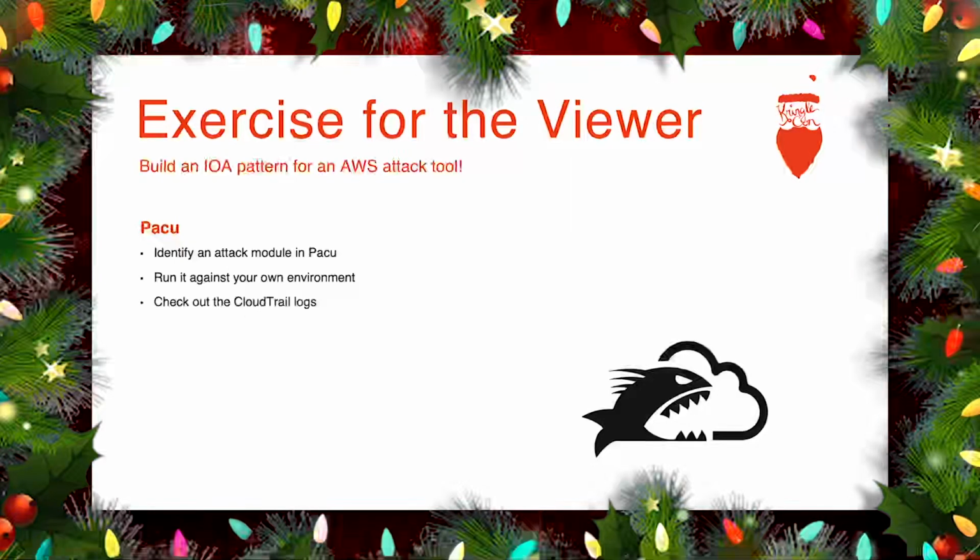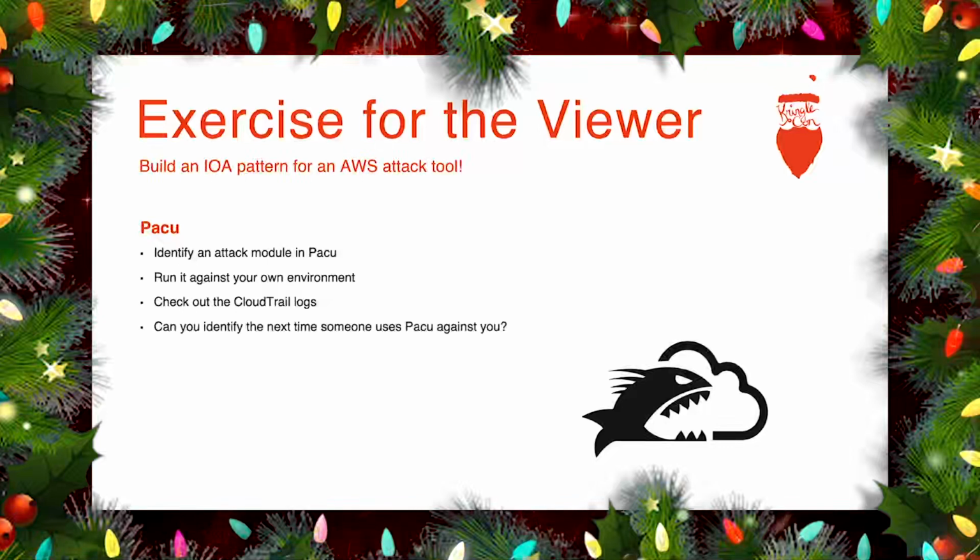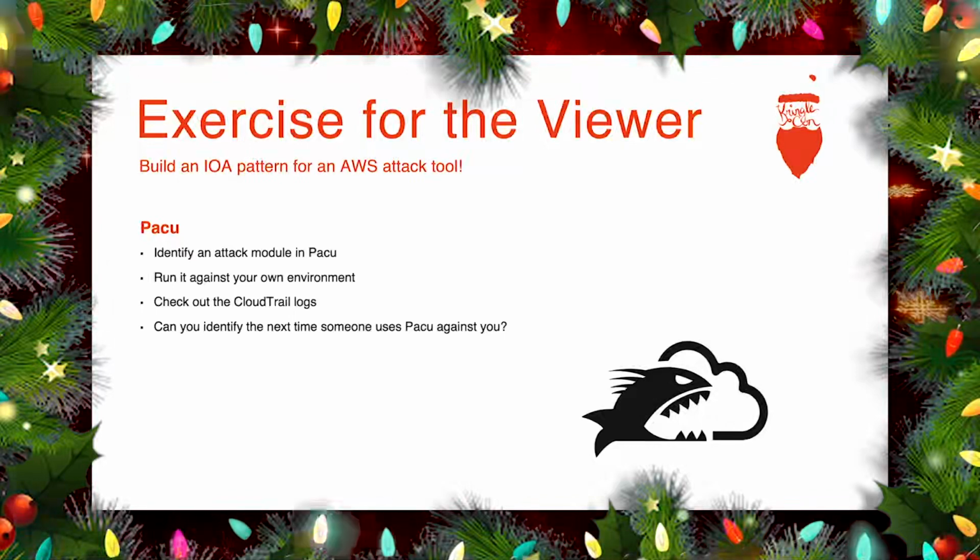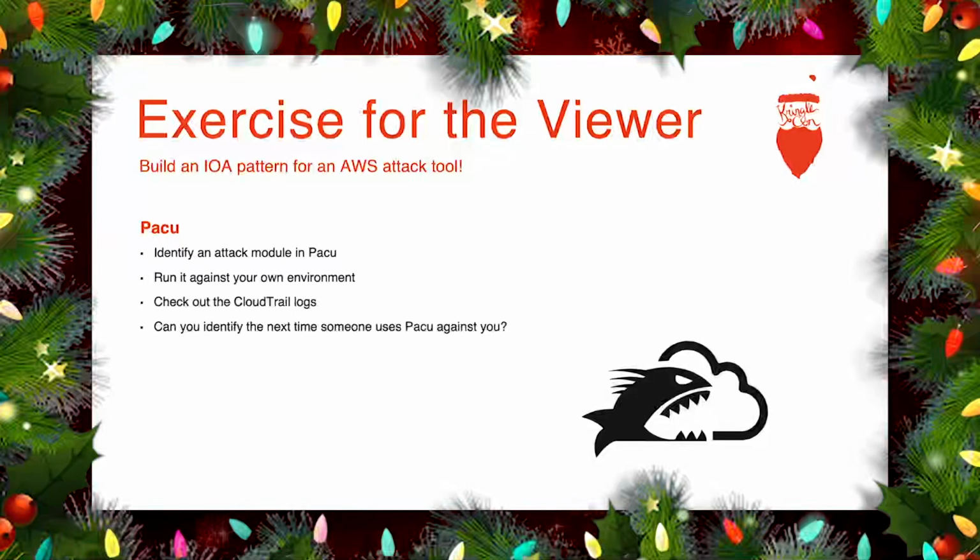Can you identify the next time someone uses Pacu against you? Can you tell when these set of actions are scarier than other times? Such as if you can associate them with Pacu and you know that Pacu is being used, that's much scarier than if you maybe saw the same actions being taken from just a regular user.